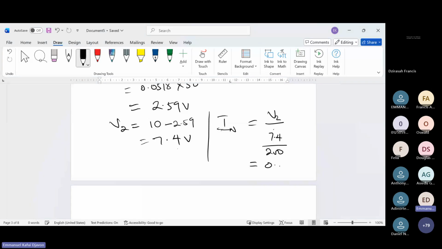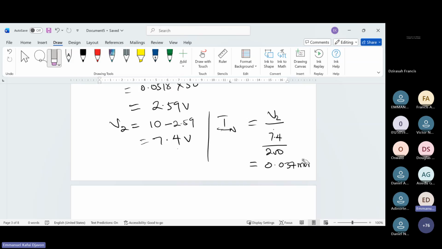7.4 over 200. So it will be 0.037. This is amps, right?